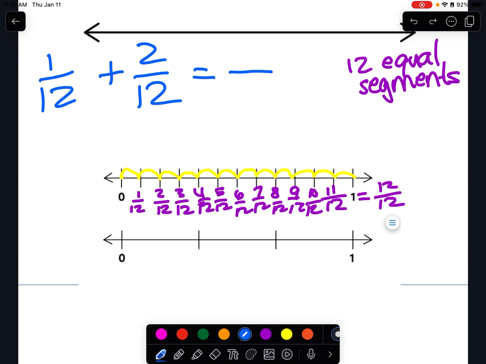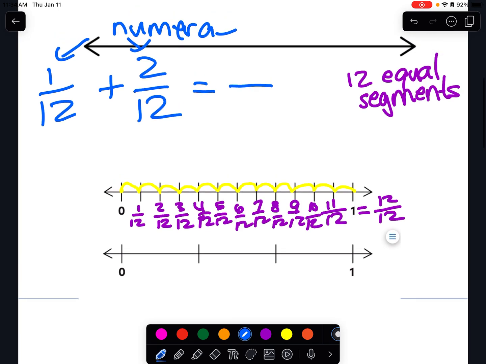Remember, denominator downstairs, upstairs is the numerator. That's the 1 over here and the 2 over here. And my trick for remembering the numerator is that numerator has the letter U in it, which stands for upstairs. So it goes upstairs or on top, not downstairs, which is the denominator.